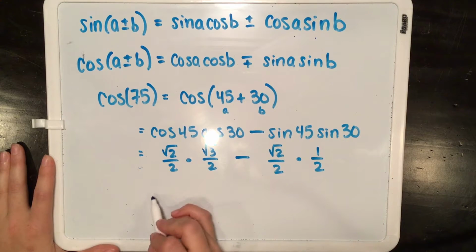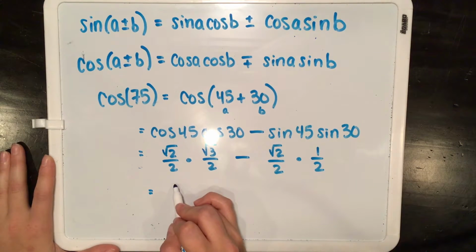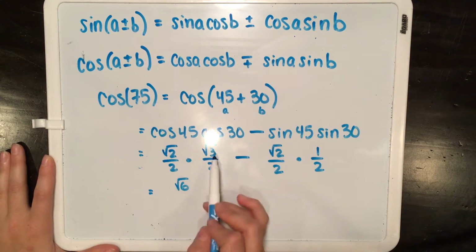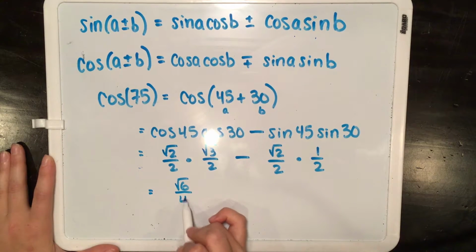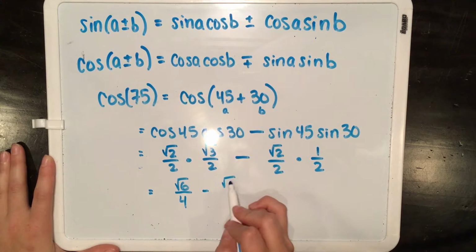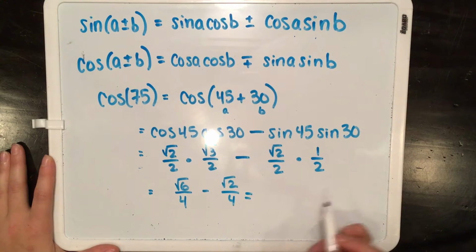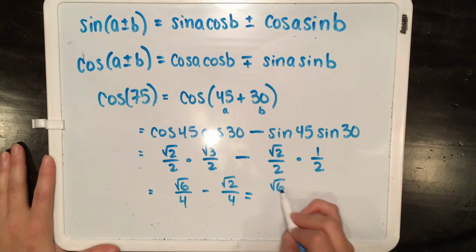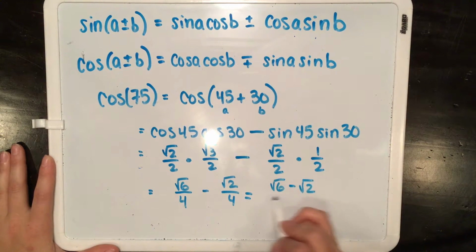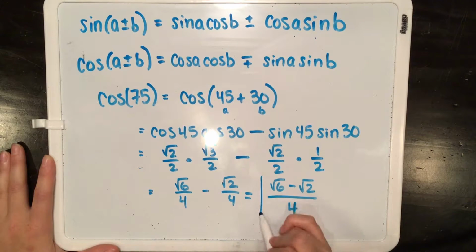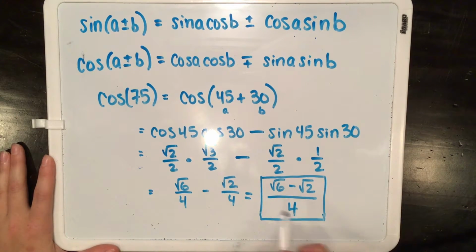So if we combine these terms, multiplication, we get square root of 6, because you multiply the insides, over 4, minus square root of 2 over 4. So our answer will be square root of 6 minus square root of 2, all over 4. So this is in fact the cosine of 75.